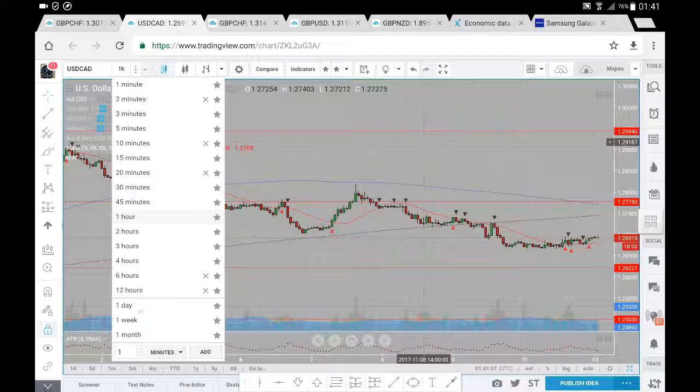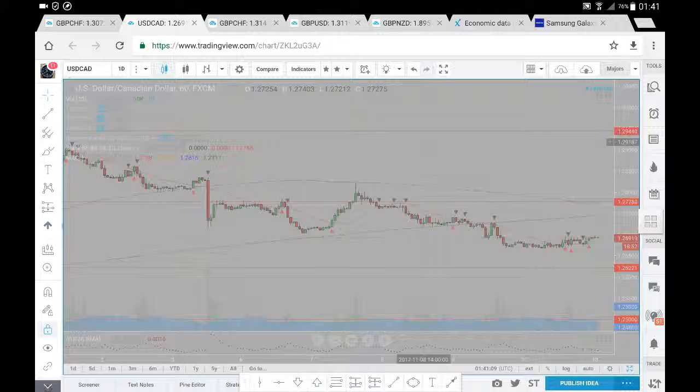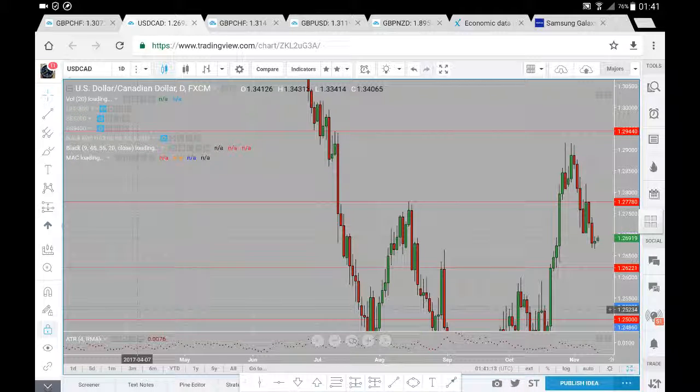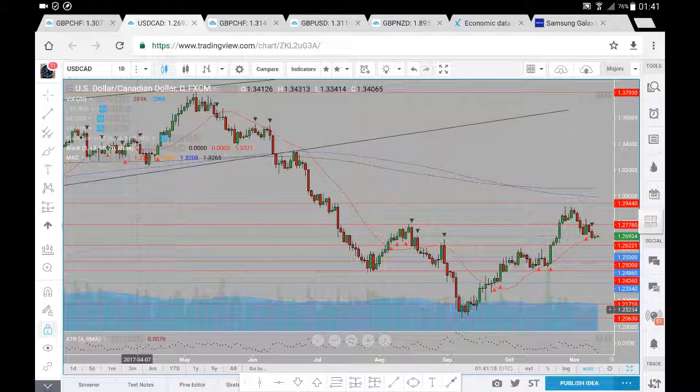So bear with me a second here. So on this daily chart, you can clearly see that we've had a small bit of a turnaround. We've had a retracement, which was to be expected at some point, from 129.